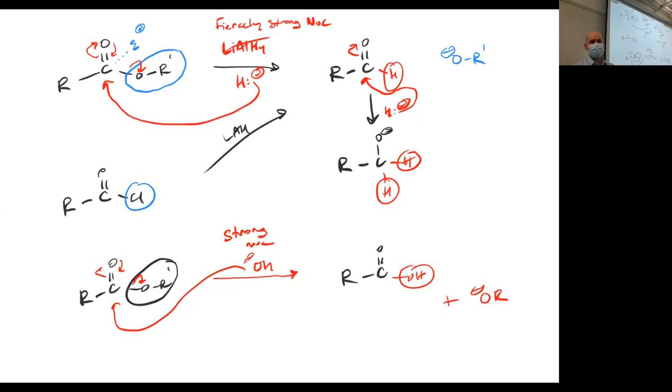But more often, we do it in that other way, the new way that these esters stand alone. I'm going to rewrite that part. I think of that OR as a pretty cruddy leaving group.